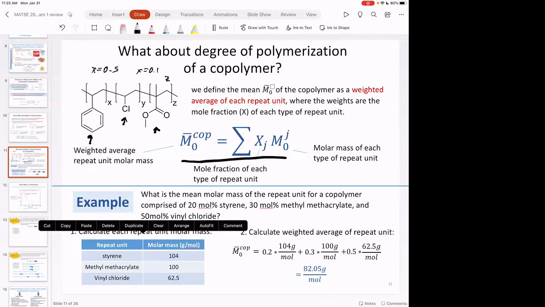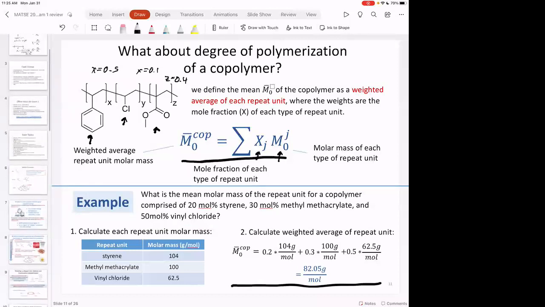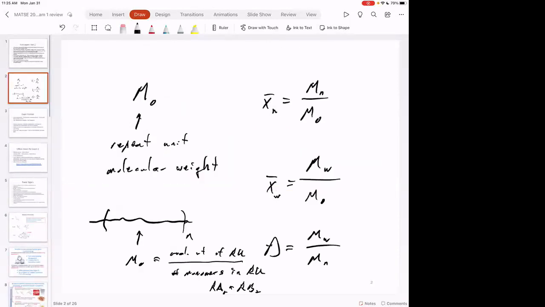What does Z have to equal, talking mole fraction, if X is 0.5 and Y is 0.1? 0.4, because mole fraction has to equal 1. And so you need to get it in a place where the mole fraction is 1. And so this is the individual M zeros times their mole fraction, which is exactly this down here. That's different, remember, than a copolymer M0, which is different than what we just talked about right here.